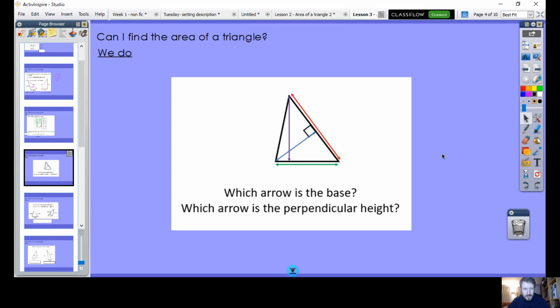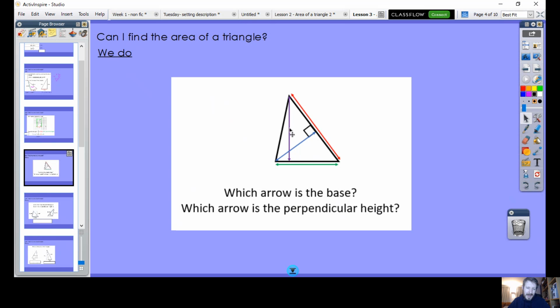All right. Now the base. Which arrow is the base? Now, if we said this was the base, this line down here, because it's at the bottom, then this would be the perpendicular height. Now you can kind of see that that could be correct because it goes from here and then measures to the top of the triangle.